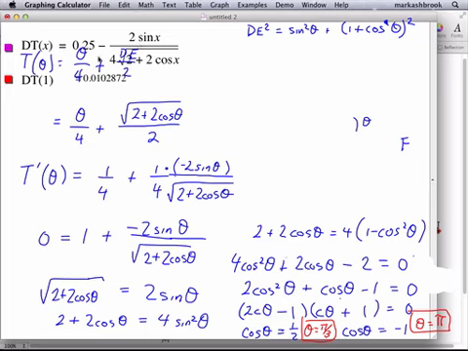Yep, here's the minus I'm doing right there. 2 sine x over 4 times the square root of 2 plus 2 cosine x. Why is that positive? That's negative. Is that not a negative value? No, it's not. Well, maybe this is maximum, and this is minimum.